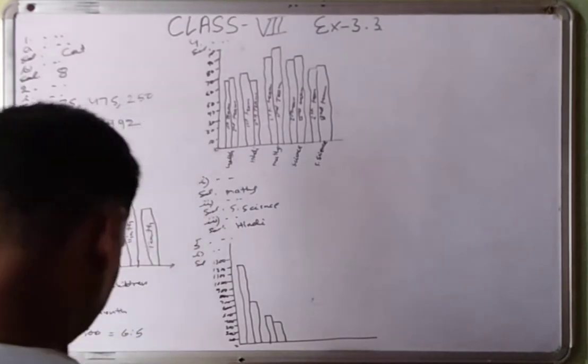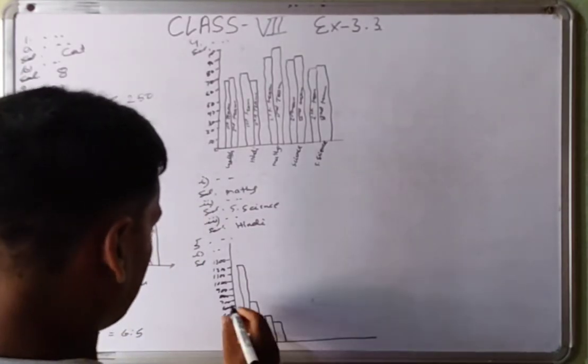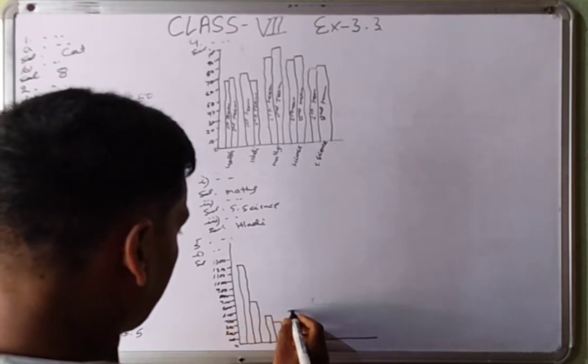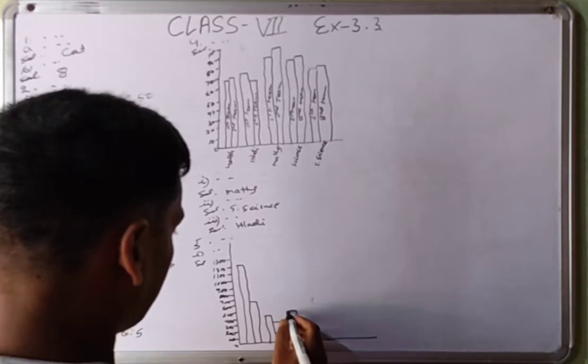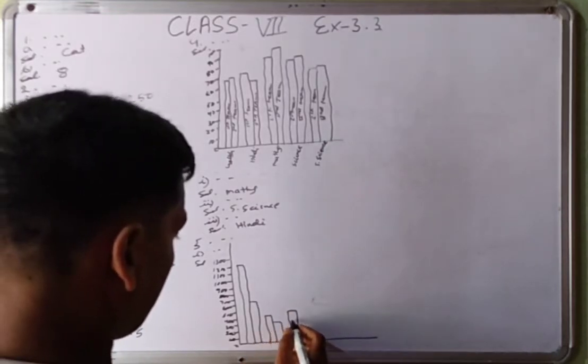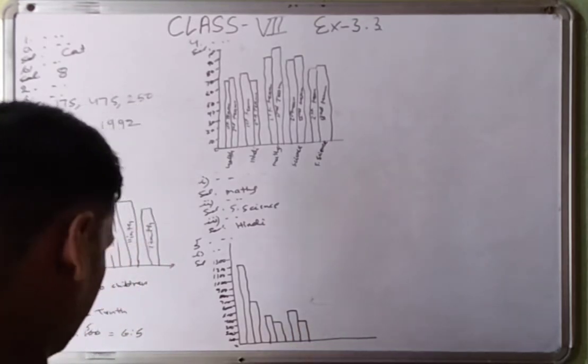And then 510, leave one box, it means up to just above 500, and then 320 similarly, and leave one box again.